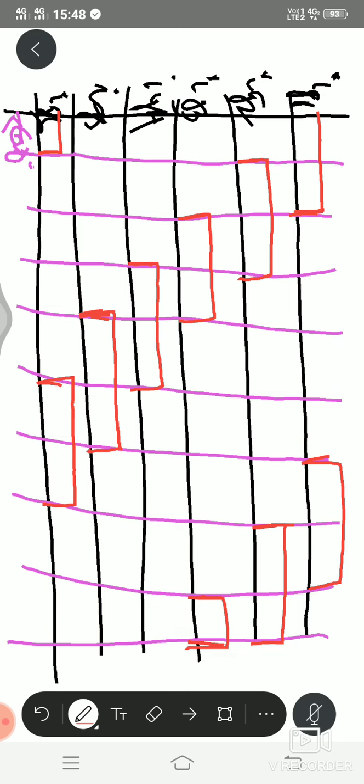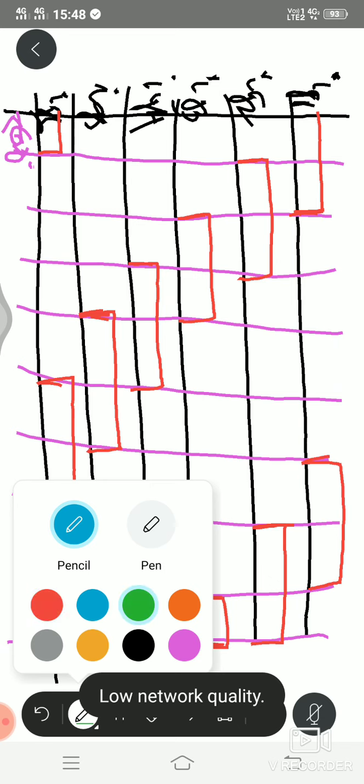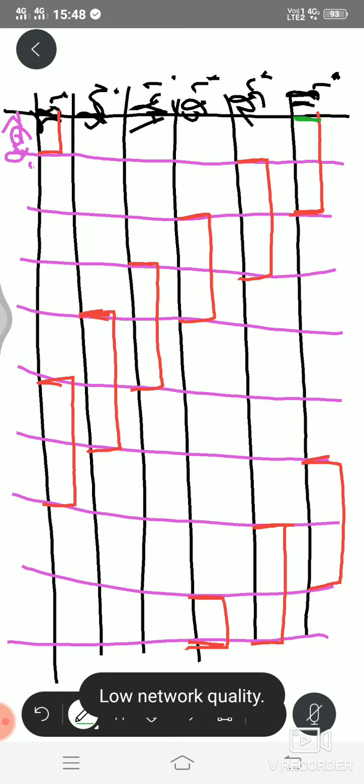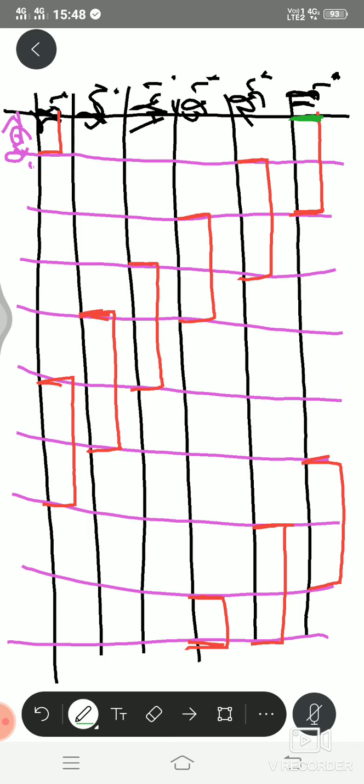Now let us have a look at the circuit diagram. From the circuit diagram, look at the upper group. Upper group means T1, T3, and T5. So look at T1. T1 is fired over here. Now look at T3. So how much difference is maintained? 120 degrees.